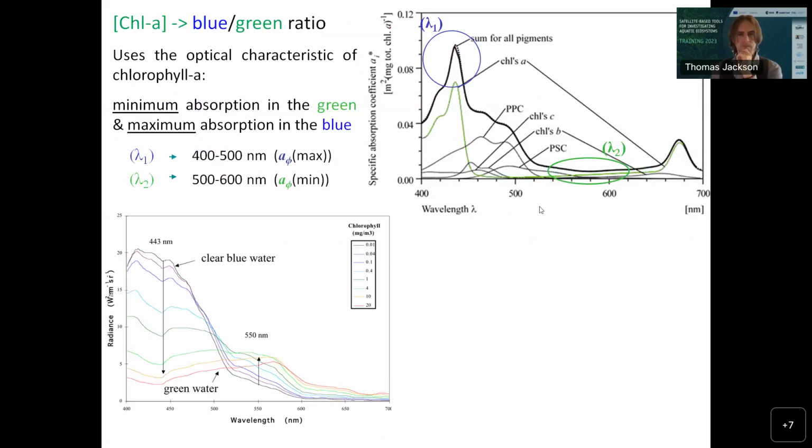Well, here it sees the total absorption, so the sum of all the pigments' optical characteristics. So basically, using the blue where chlorophyll A dominates, it doesn't mean we're only estimating chlorophyll A, but actually the sum, though in the blue it is mainly related to chlorophyll A.